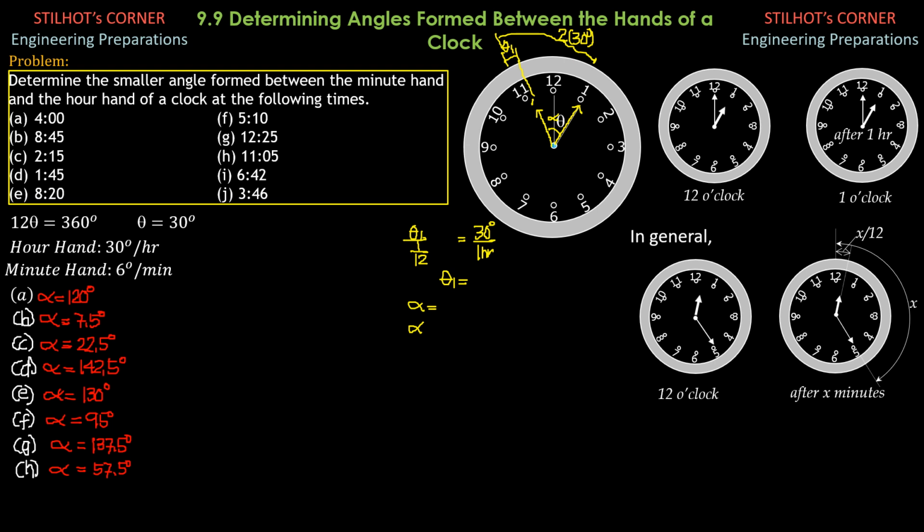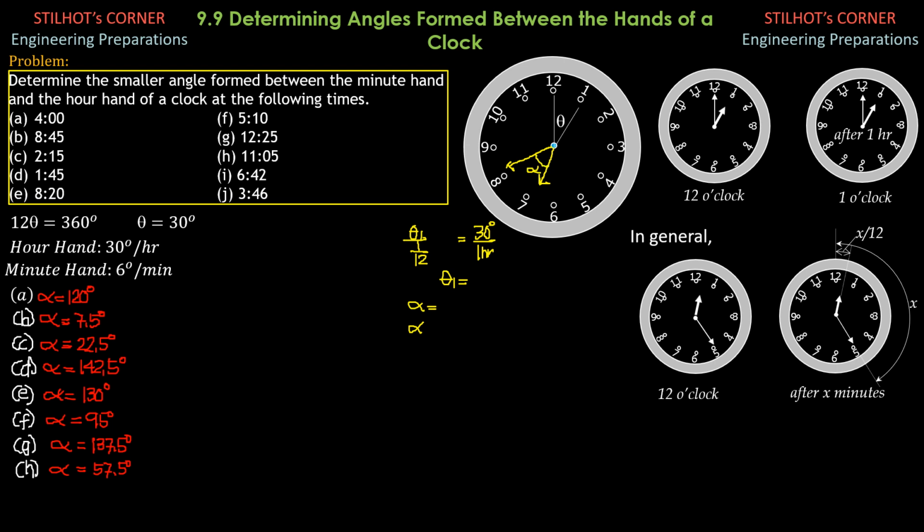And let's have another clock. Same clock, but the reading is different. 6:42. This is the position of the minute hand at 42, and the hour hand should be somewhere here, beyond 6, and this is alpha.